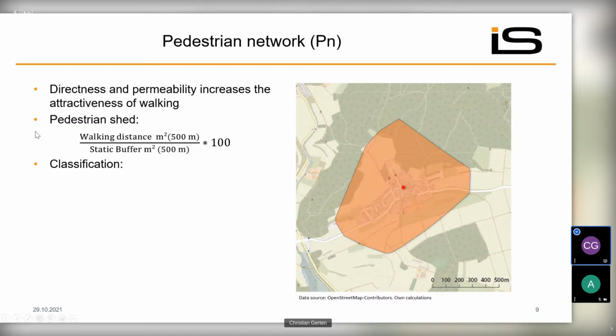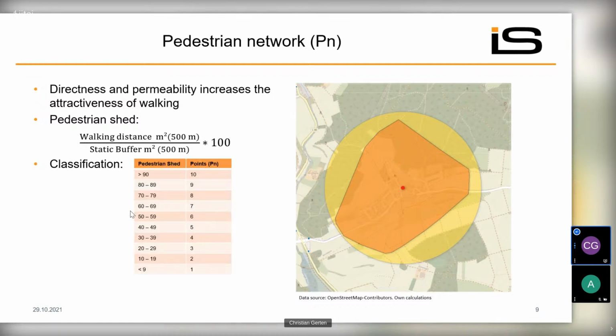On the right side, you can see that we have our walking radius in orange, with 500 meters, and we set this polygon in relation to a static buffer of 500 meters, which for us represents the perfect pedestrian network. It's just a normal coverage analysis, and the value could therefore range from 0 to 100, whereas 100 is a perfect walking polygon.